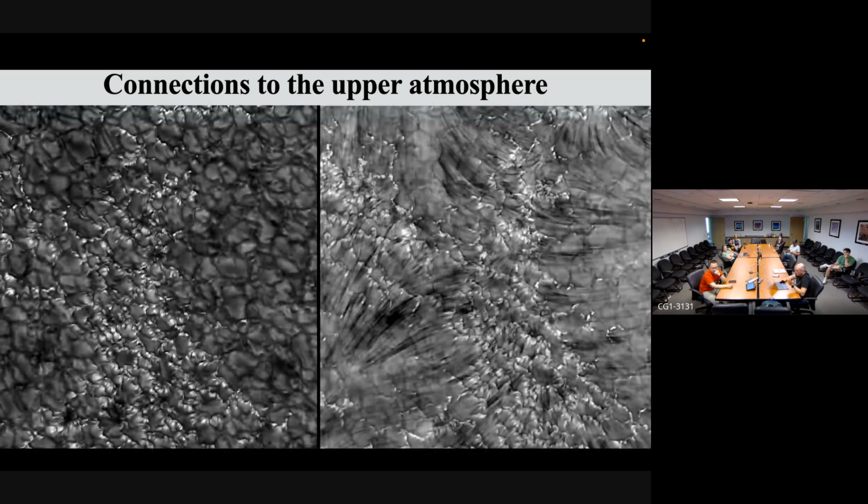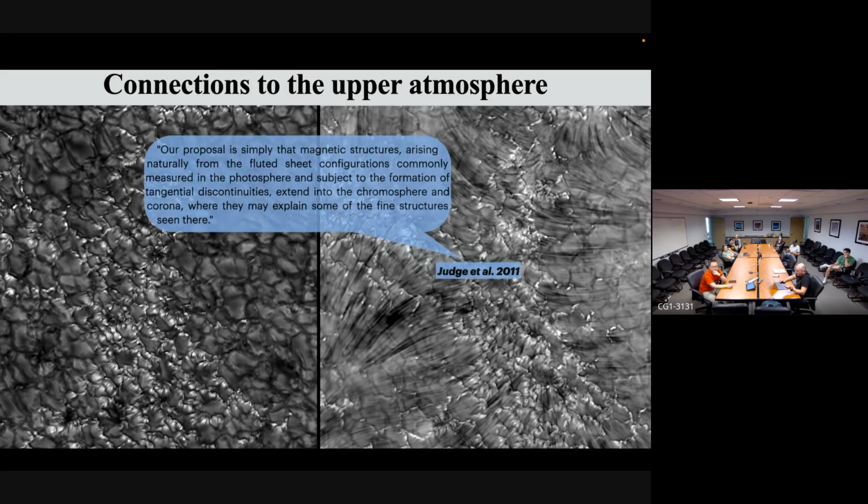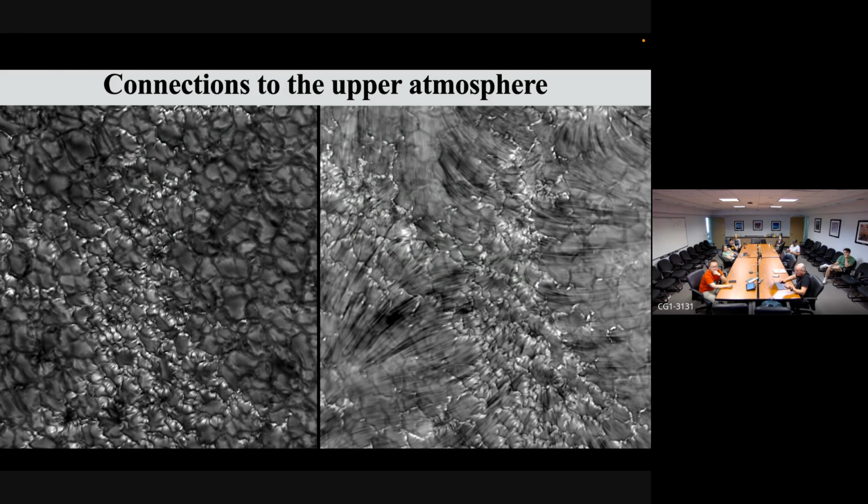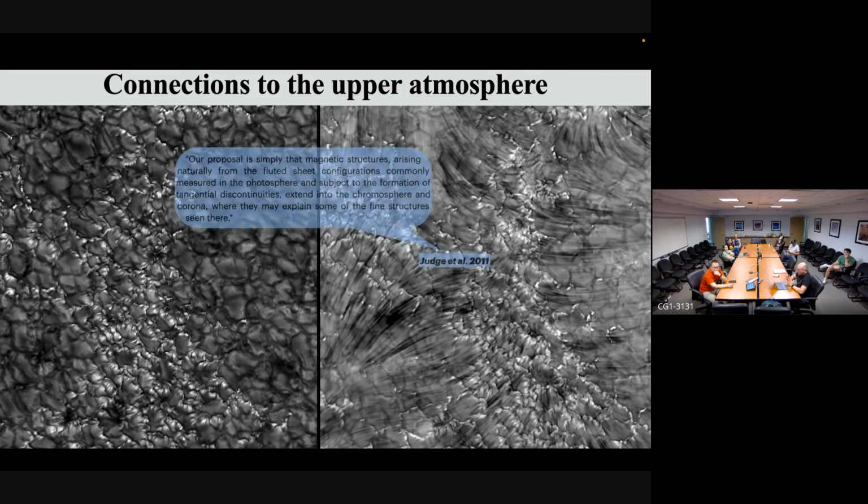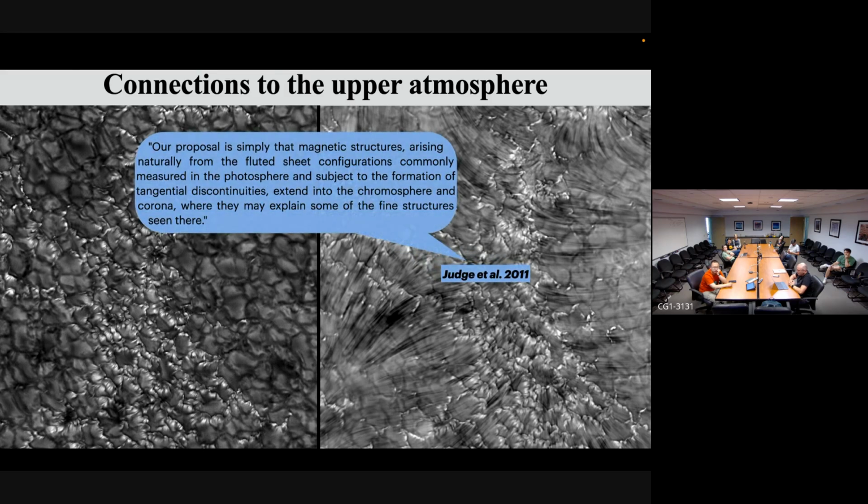But at least at the photospheric level, we saw that those small-scale photospheric striations are produced. It can be understood as the magnetic curtain. But again, the question is, are they connected to spicules or other fine structures in the chromosphere?